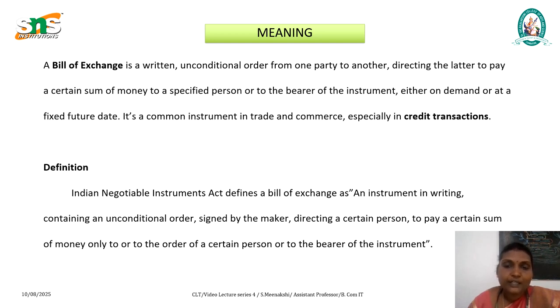Then it should be directed to a certain person, usually the drawee, to pay a certain sum of money worth the goods or products, to the order of a certain person or the bearer of the instrument. So these are all the various features of bill of exchange mentioned in the definition given by the Indian Negotiable Instrument Act.